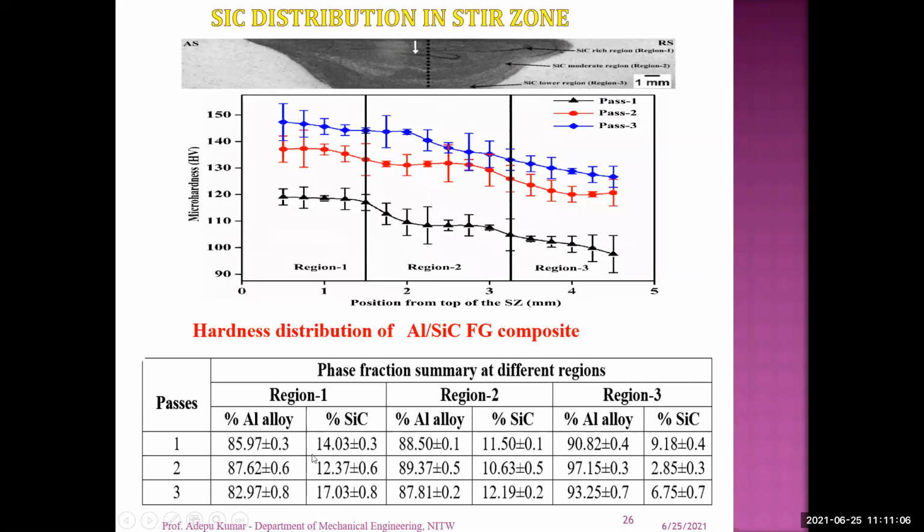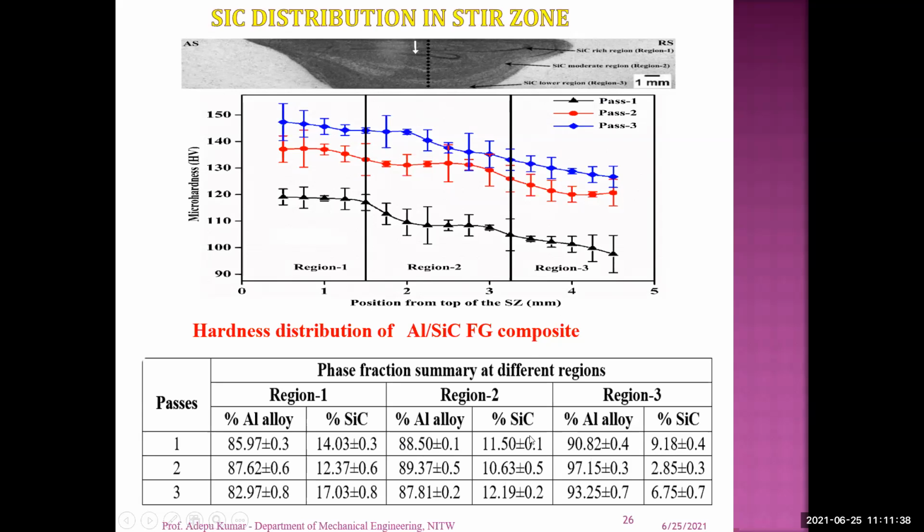You can see the observation: 14.03 plus or minus 0.3, with some variation across three samples. The second region also shows variation across three samples, and the third region too. In one sample, here 14%, here 11%, here 9%. There is a variation of SiC because we added it that way, and the same observation is found in the microstructure.